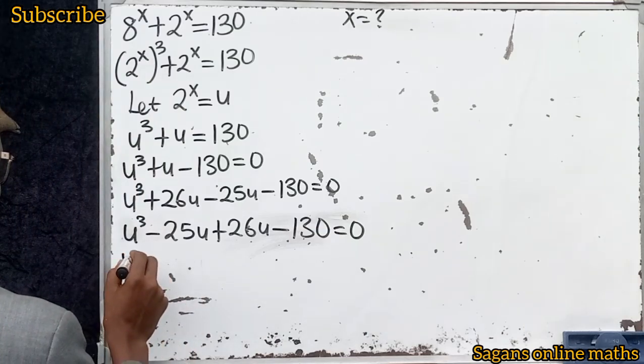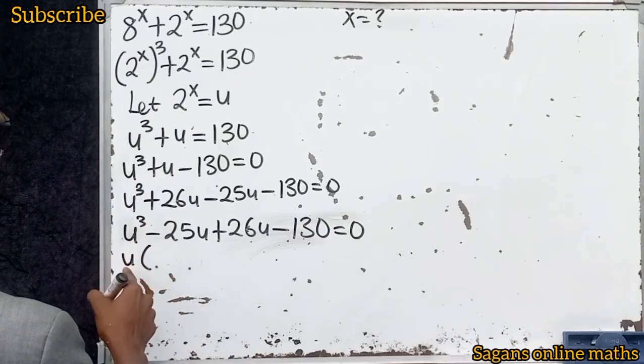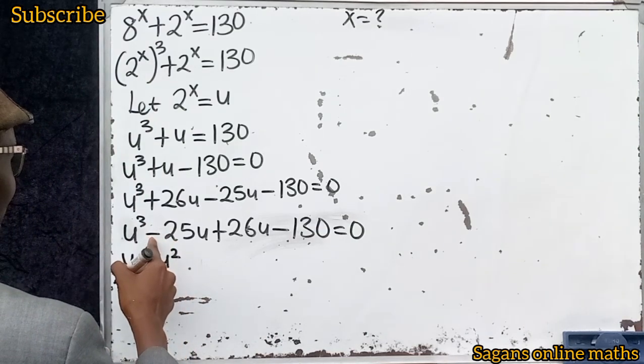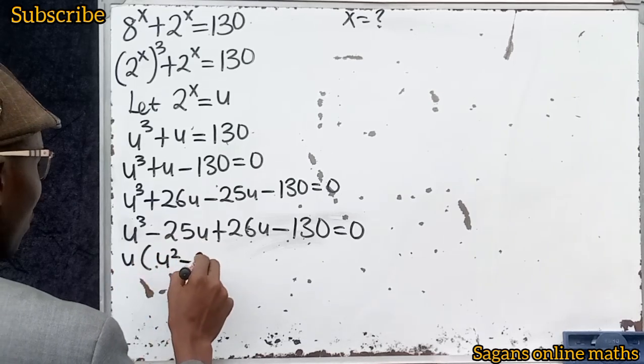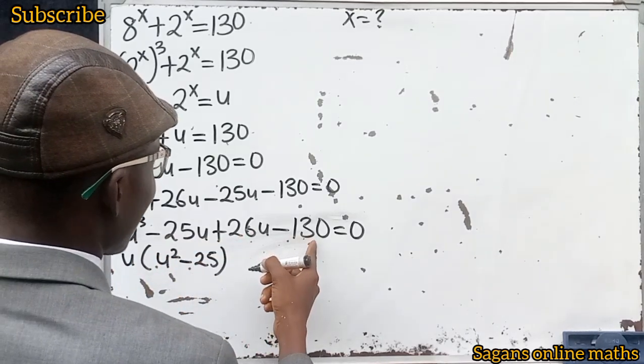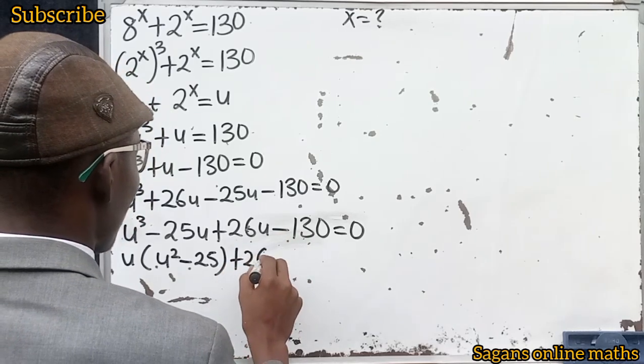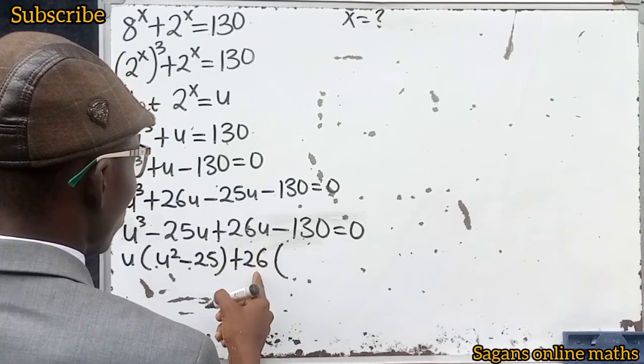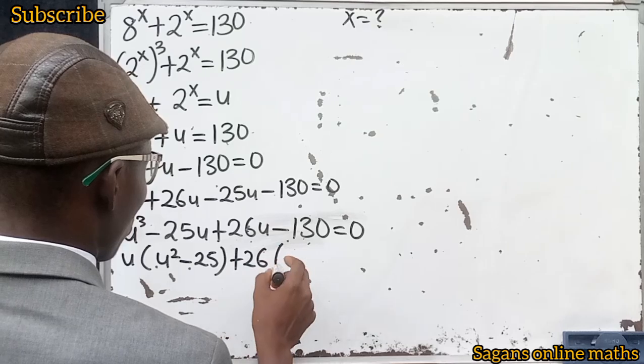What is common here? u is common: u to the power of 3 divided by u gives us u squared, then minus 25u divided by u gives us minus 25. Then what is common here? Since 26 is a factor of 130, 26 is common: 26u divided by u gives us 26, and 130 divided by 26 will give us 5.